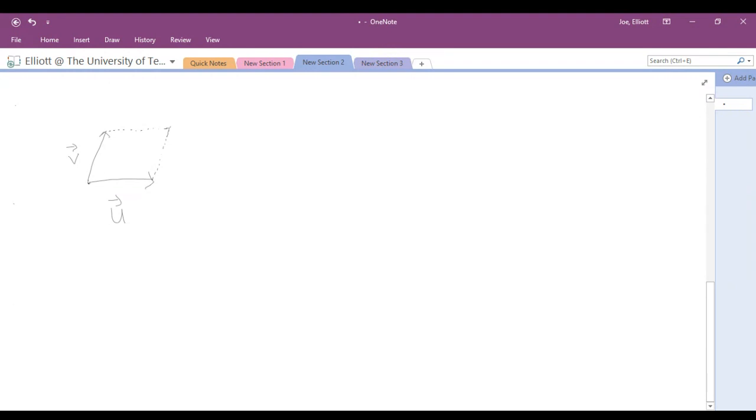And we just discussed with vector addition how their sum, u plus v, forms the diagonal of this parallelogram. Now, u plus v is a linear combination of u and v. So specifically, it's 1u plus 1v. So that's one linear combination of u and v.